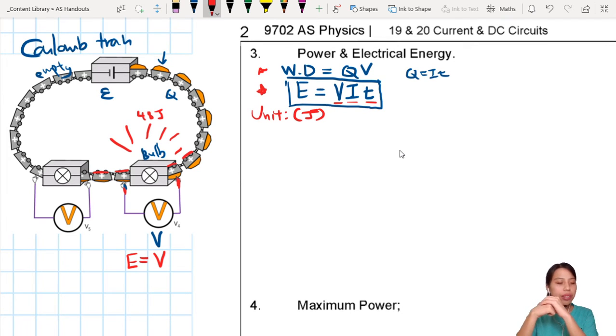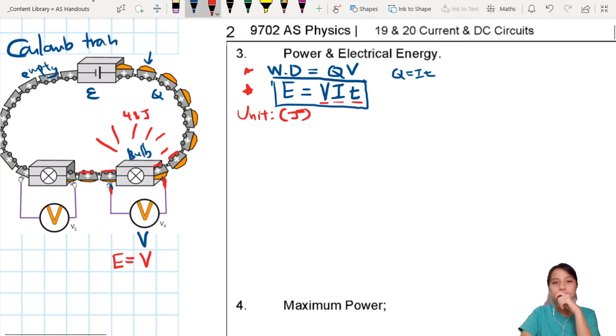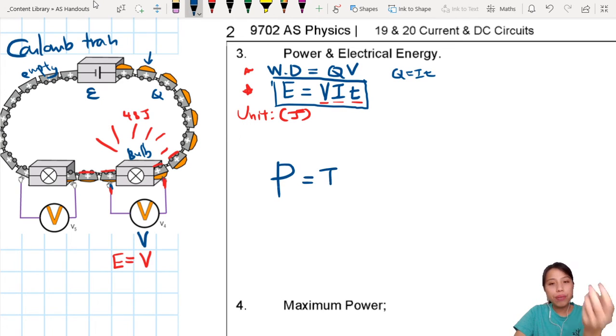But what about power? Do you remember how we deal with power? It's a quick recap. Power can be measured as the current flowing through a component times the potential across that component. So if we have this light bulb, let's look at the second light bulb now.